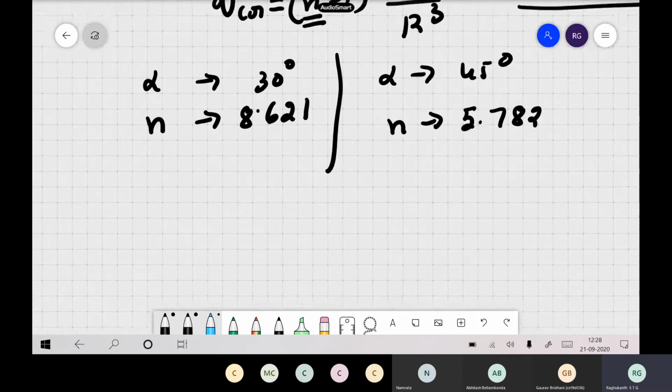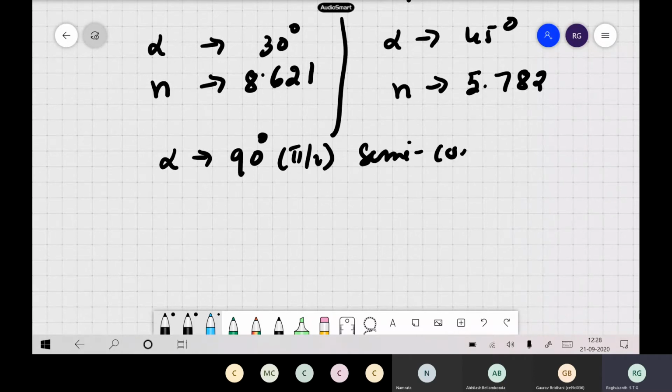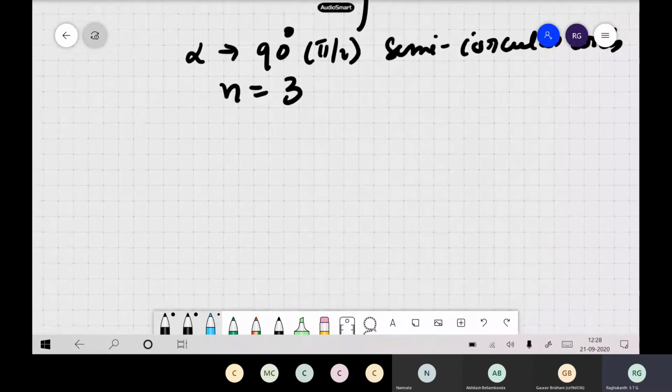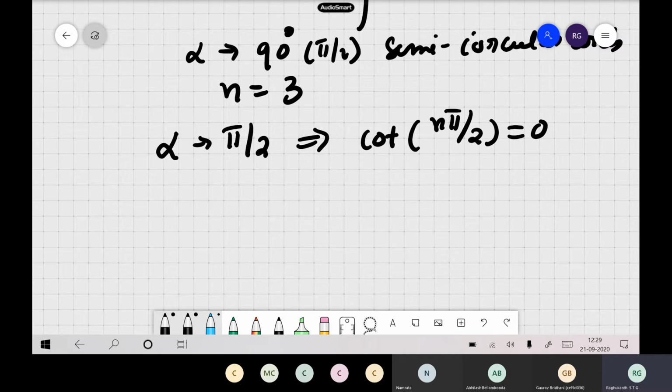When α is equal to 90 degrees, that means it is a perfect semicircular arch, and n becomes 3 itself. The smallest root turns out to be n equal to 3. If α is equal to π/2, the characteristic equation itself can be written as cot(nπ/2) equal to 0, so the smallest root comes for 3.